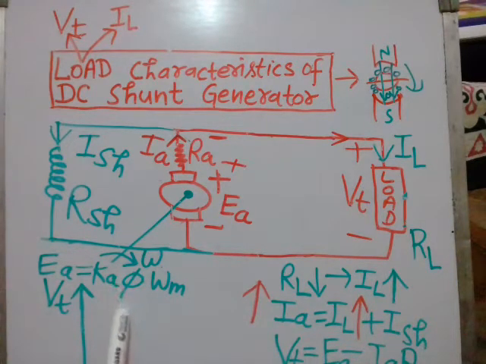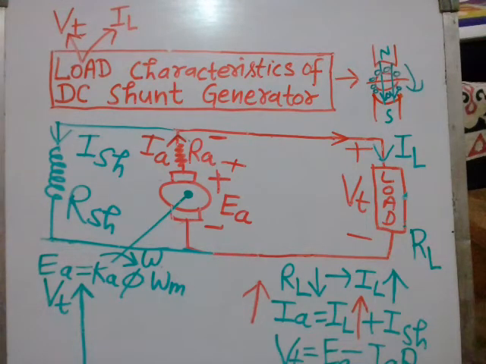So this flux has a fixed value. Ka is a constant for a particular machine, that means Ka is equal to PZ by 2 pi A. So E depends only on the speed, and you have kept a rated speed. Once the speed is rated, it is fixed, so the generated EMF will also be fixed.